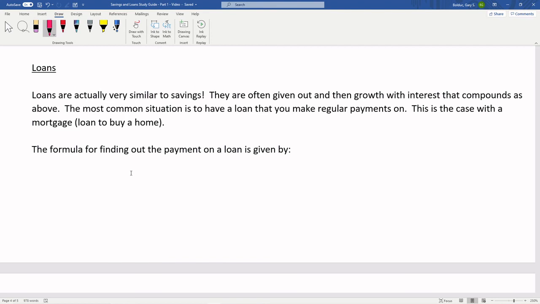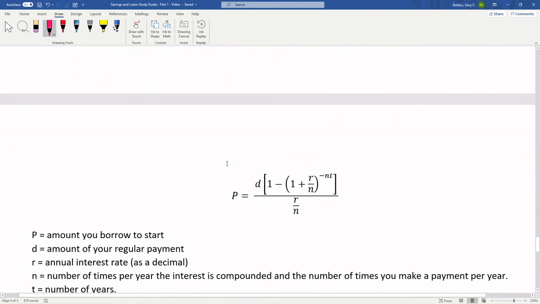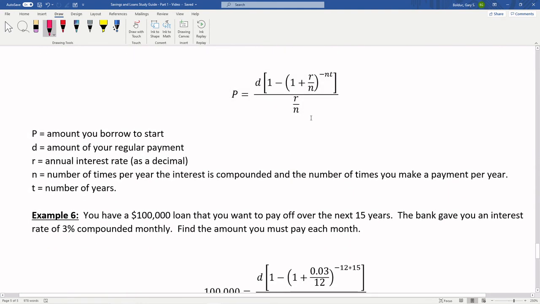But in terms of trying to do calculations with this, we have a formula. So here's your formula, very similar looking to the previous one. P is the amount you borrow to start. D is the amount of your payment that you're regularly making. R is your interest rate given annually.